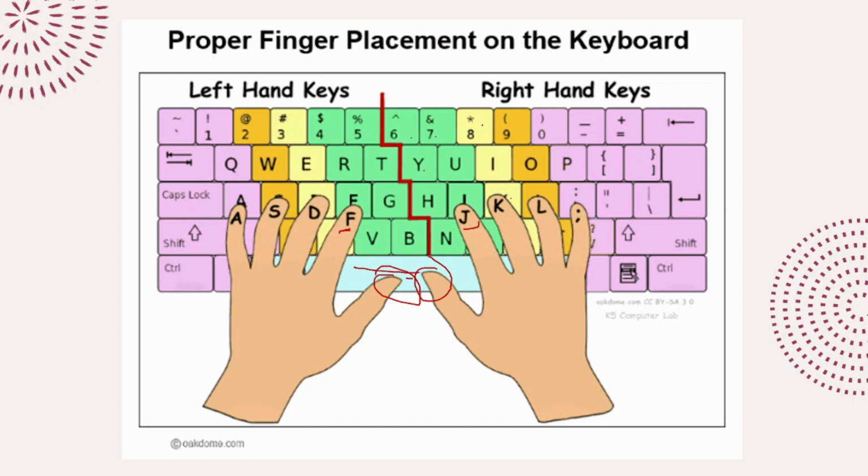So, yung ganito is what your middle finger can click. Then, your ring finger naman is this line, this color gold. Then, your little finger can click this one, this here.